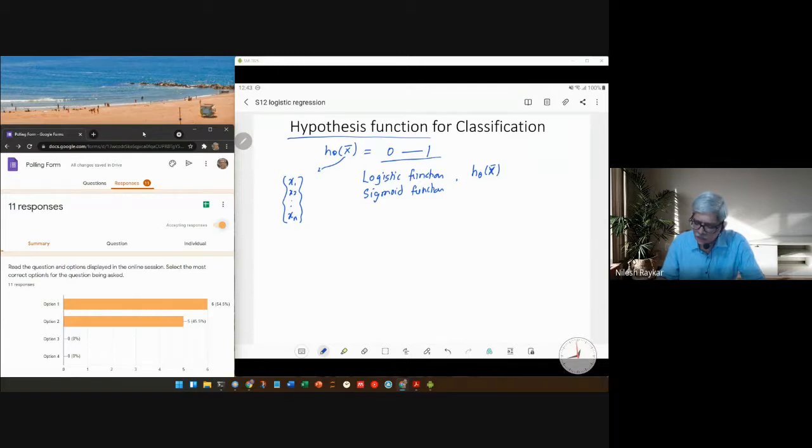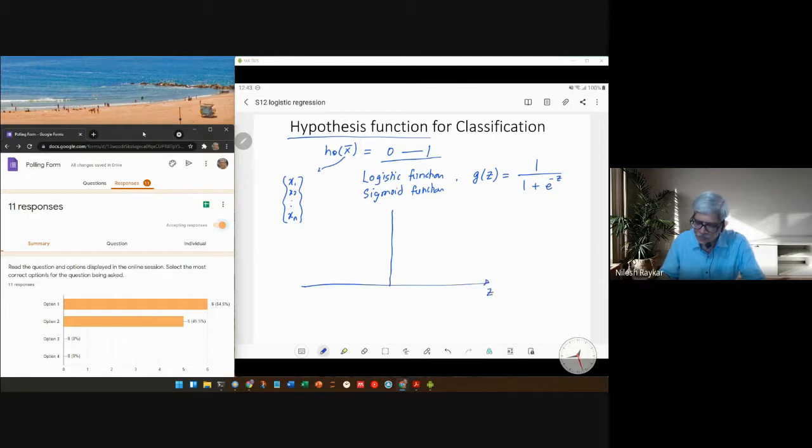We'll bring in the hypothesis function a little later. So let's see the logistic function in its mathematical form. The logistic function g of z is given as 1 divided by 1 plus e raised to minus z. Let's see the nature of this function, so let's plot it.